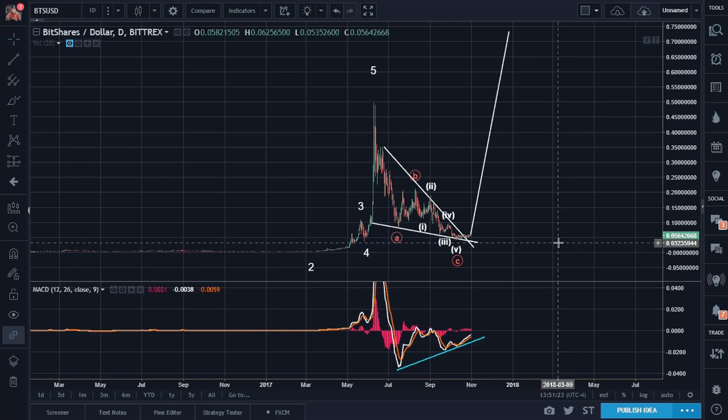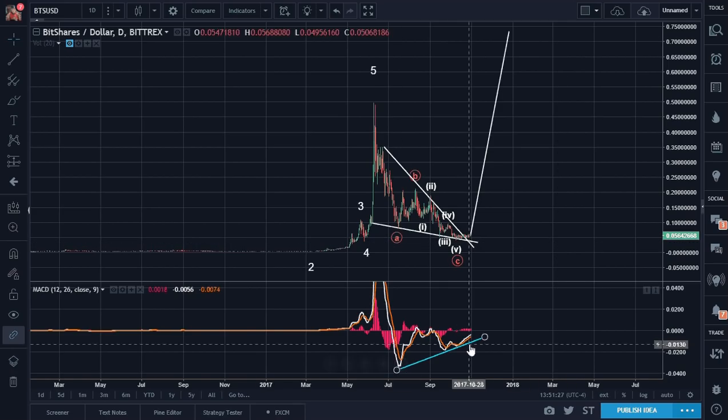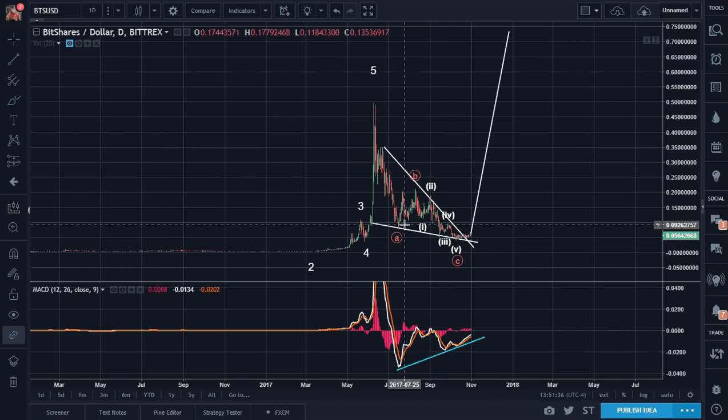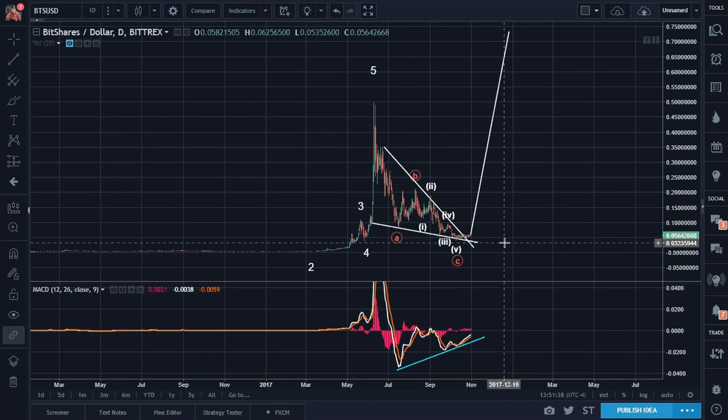Now, consider the risk to reward. You've got a massive, massive positive divergence of your MACD here, where it's making a higher high, but the price is making a lower low. That is a classic sign saying this wants to go and explode upwards. This wants to become a crypto geyser.